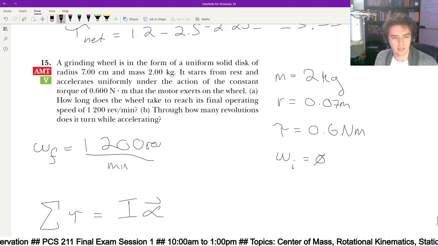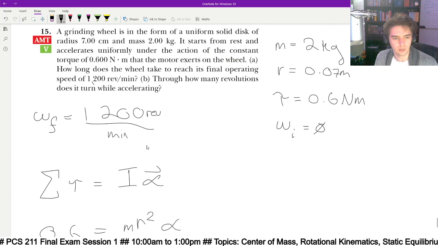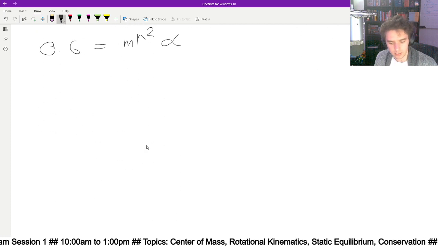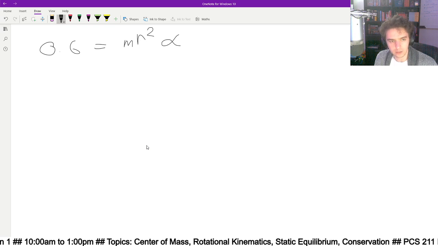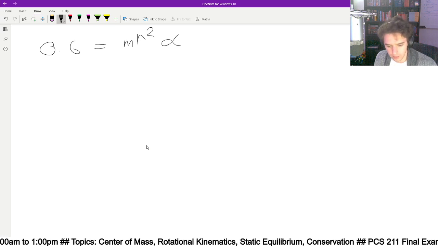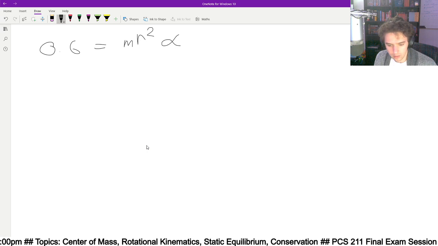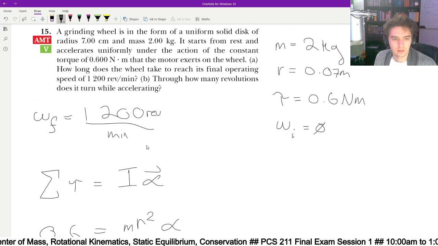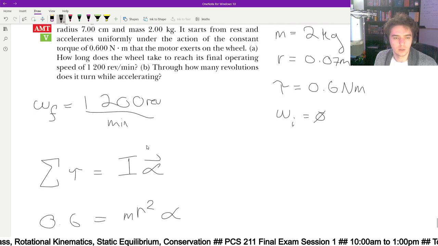We need the acceleration. Let's figure out why we need the acceleration. I'm looking for time, so I'm going to have to use one of these equations. Dealing with the disk, right? The inertia is half mr squared for a disk.